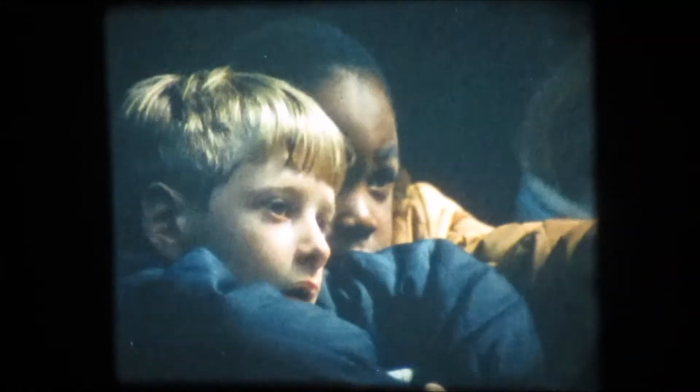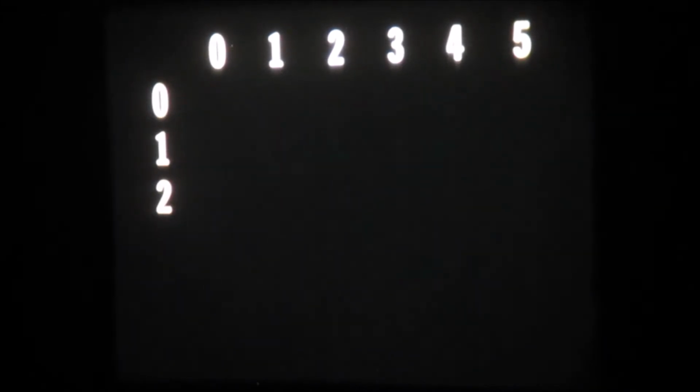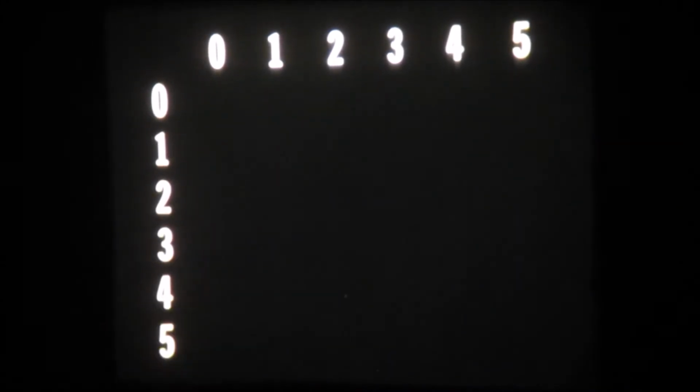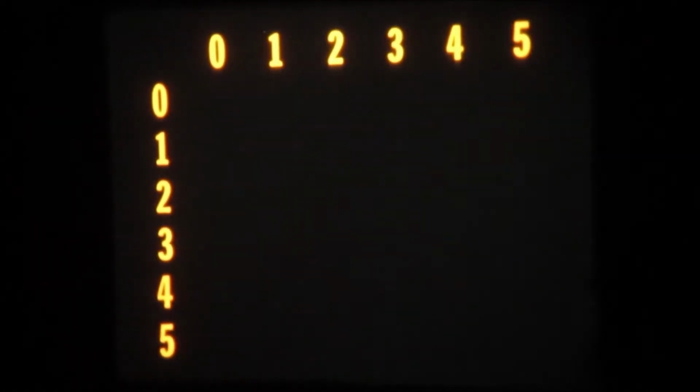Now let's see how well you know the multiplication table. We know that 0 times any number is 0.